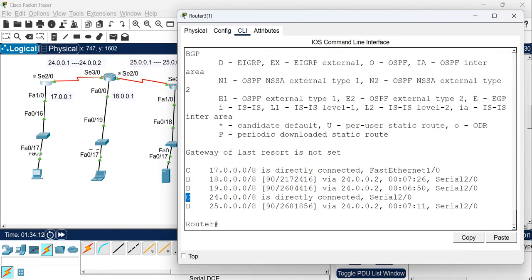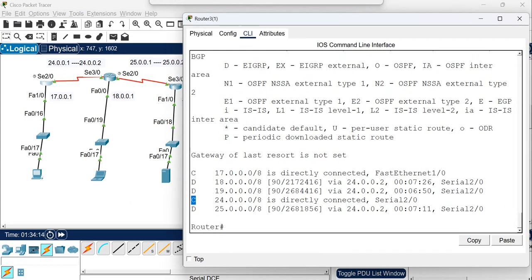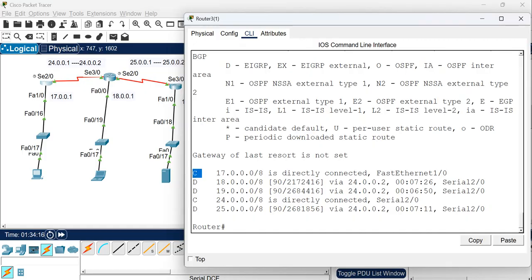The routes which are physically connected will be shown as what? C. Now what about D? D is EIGRP configuration. Now it says you have configured EIGRP on 18, 19, 24. If you want to reach 18, what should you send?